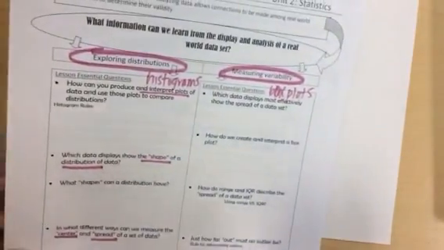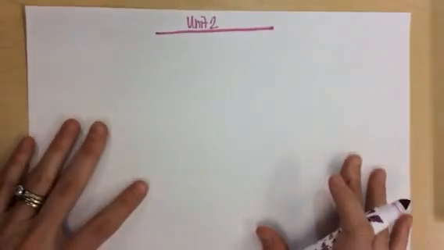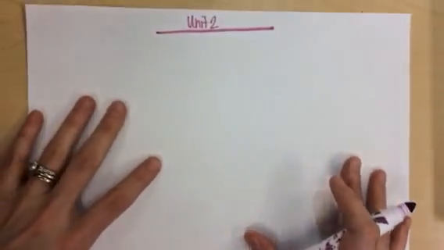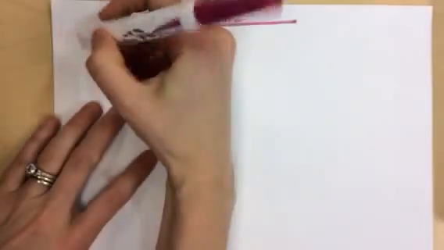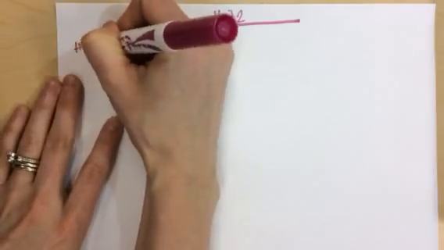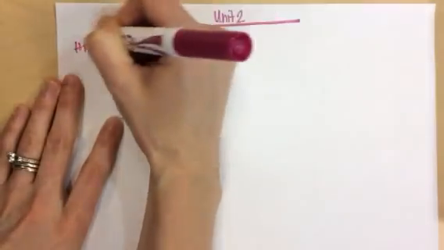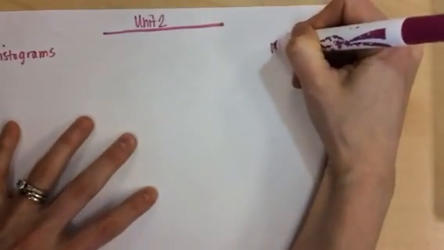I'm going to separate it into histograms, box plots, and then just other information. So if I have my Unit 2, I'm going to put histograms over here, and I've got box plots.